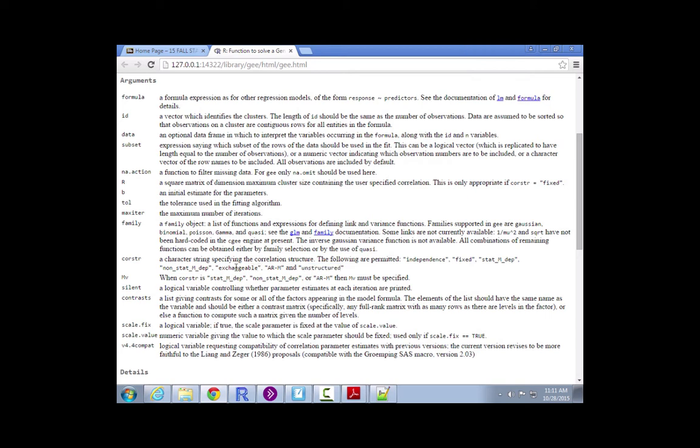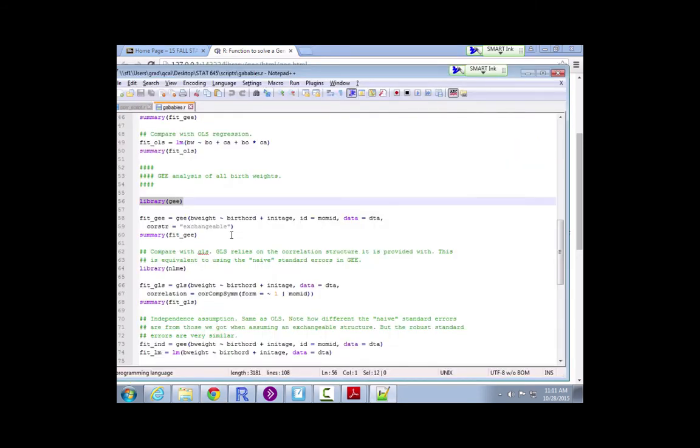Exchangeable is a different name for what we called compound symmetric. So exchangeable is the same thing as compound symmetric, and that's what we're going to do in this code. We're out of time, but that's what this code is doing. It's doing a compound symmetric correlation based on GEE, and doing compound symmetric with GLS.